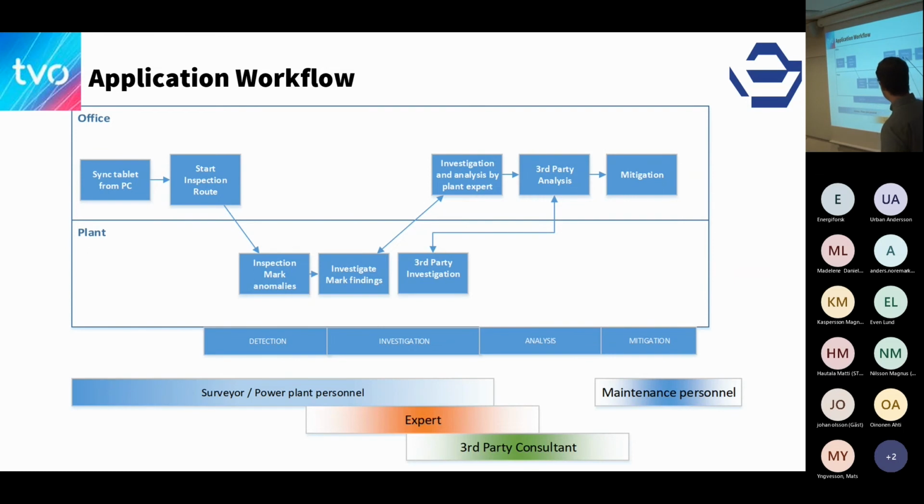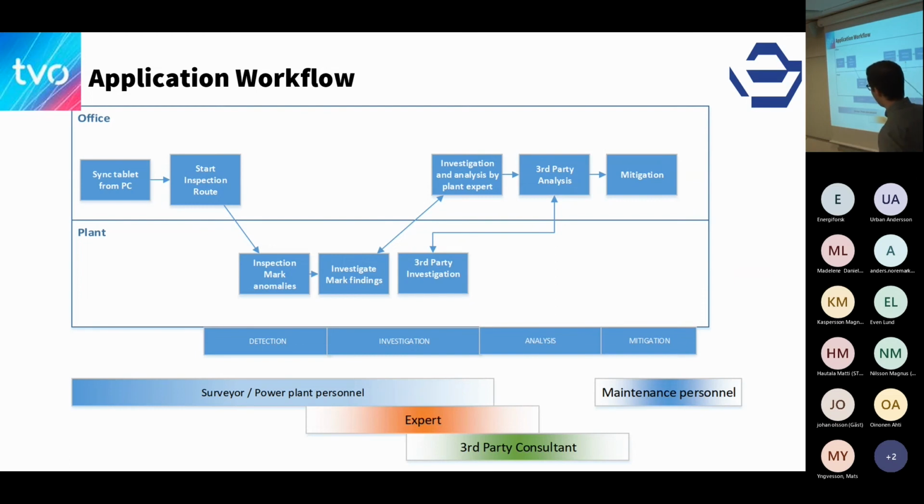So this is just to indicate that when the third-party consultant or supplier is doing the analysis part, they might conduct some investigations themselves, which will hopefully end up with the result that there's only one root cause remaining, and then the mitigation is made.